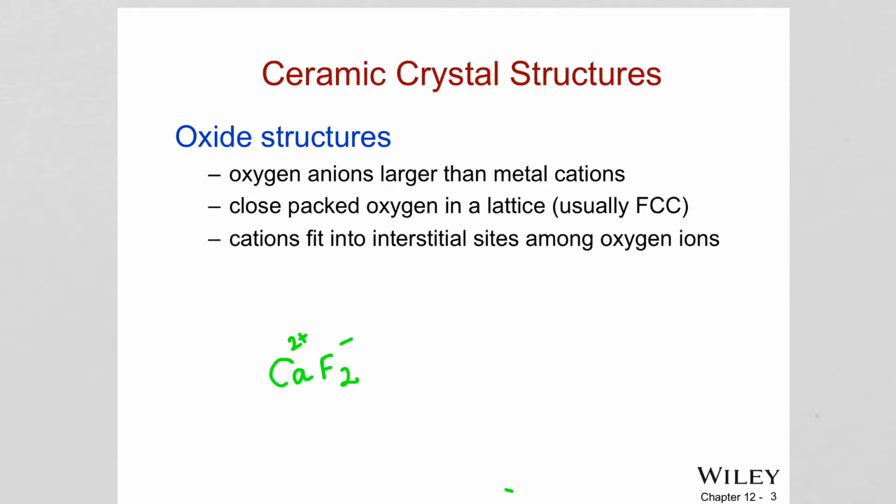So for oxide structures, the oxygen anion is larger than the metallic cations. Close-packed oxygen in a lattice is usually an FCC structure. And the cations fit into interstitial sites among the oxygen ions. We're gonna take a look at these in more detail.